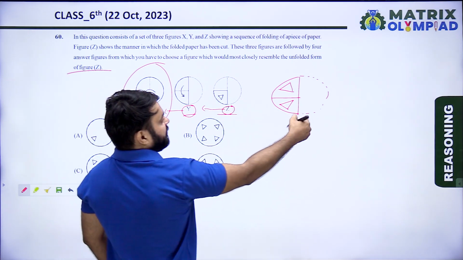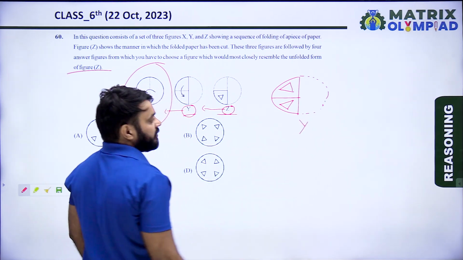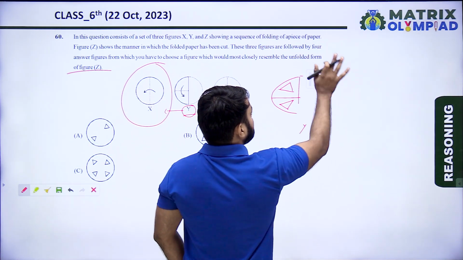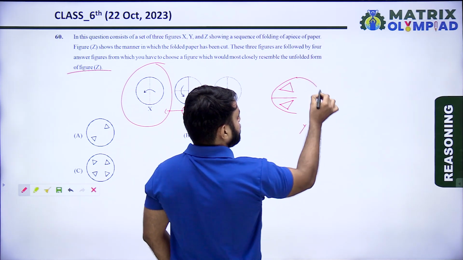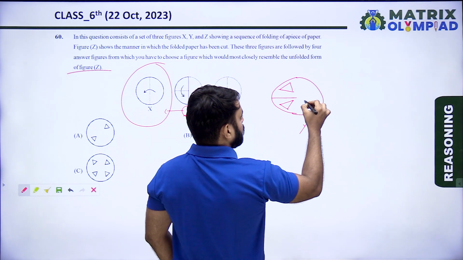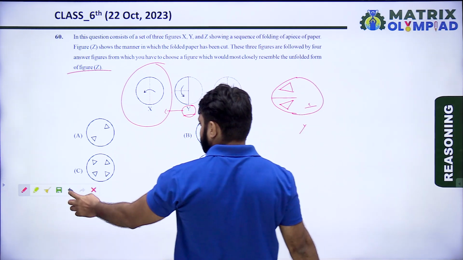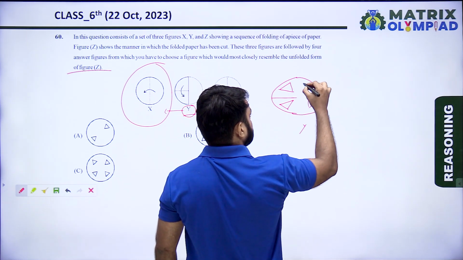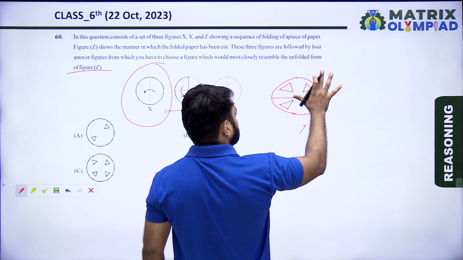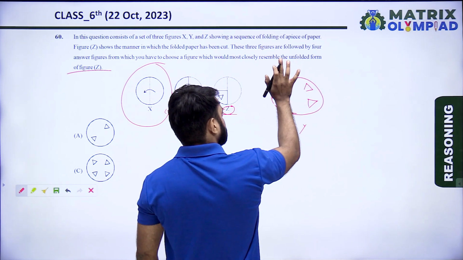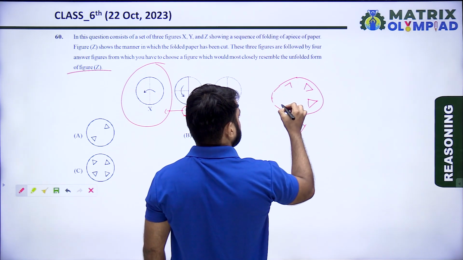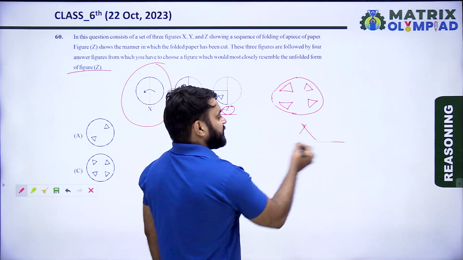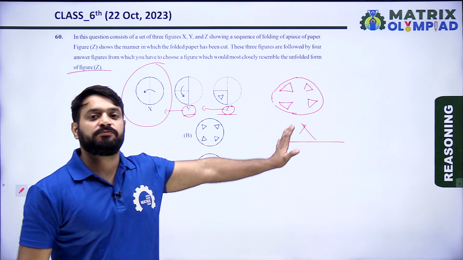Mirror image of Z, it represents Y. Now find the mirror image of Y, it represents X. So mirror image of Y represents X, and X represents the unfolded paper.